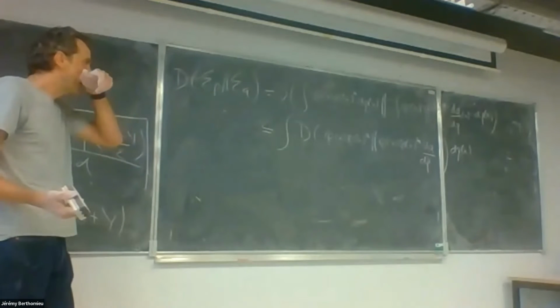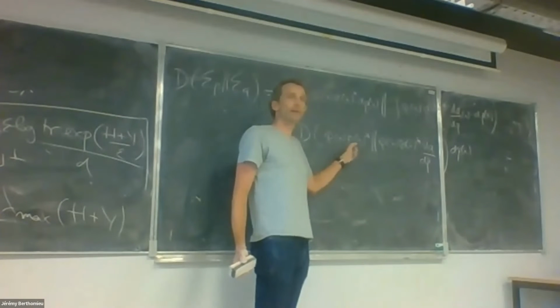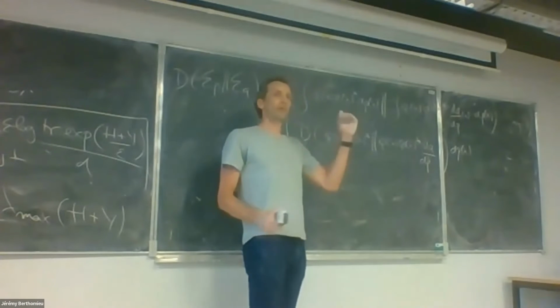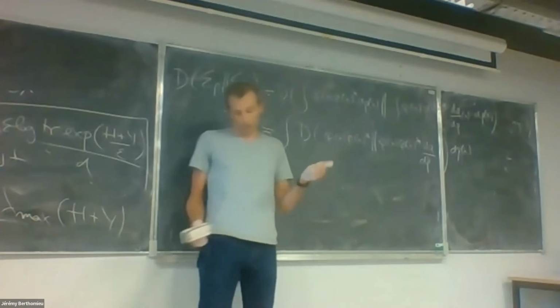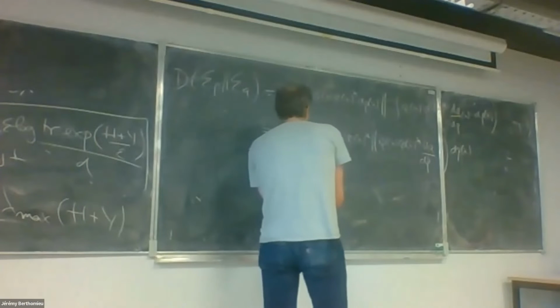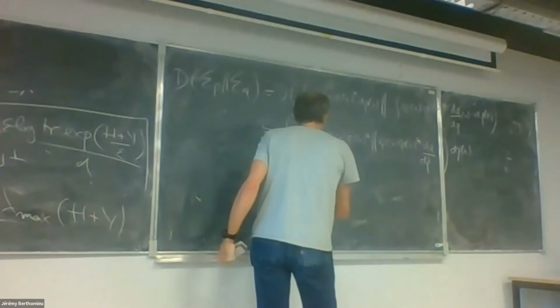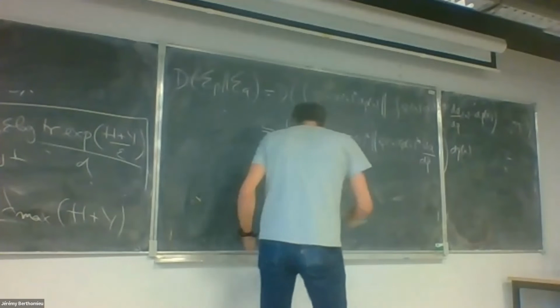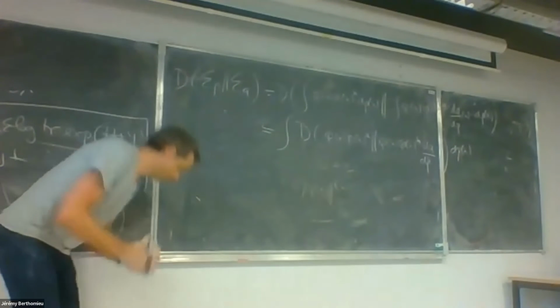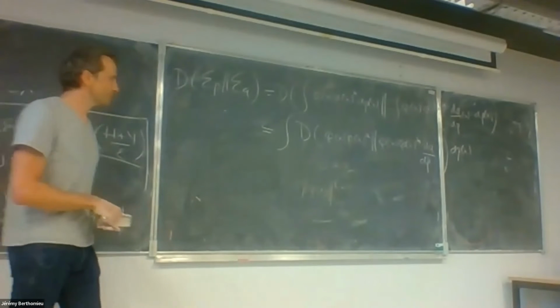Now I can look at what I have inside. This is a rank 1 matrix, okay, so all the eigenvalues are 0 except one, and you also get the norm of P of x squared as an eigenvalue. So the eigenvalue of this matrix is just the norm of P of x squared.